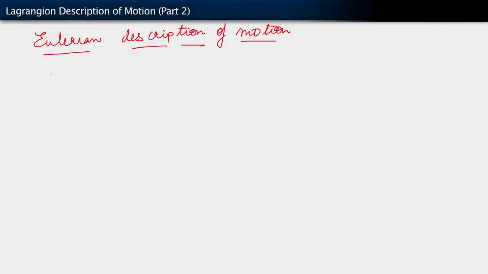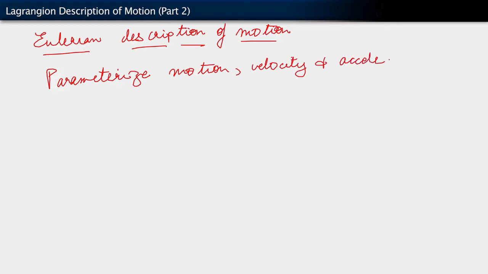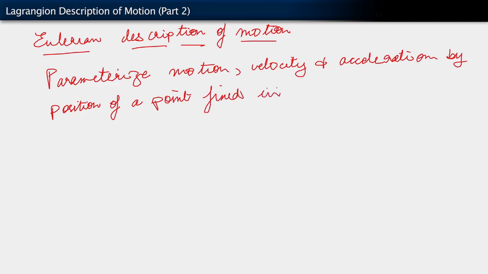Okay, so let me write this down. The Eulerian description of motion is to parameterize motion, but that also means velocity and acceleration, by position of a point fixed in space.